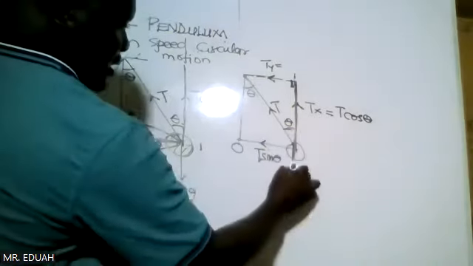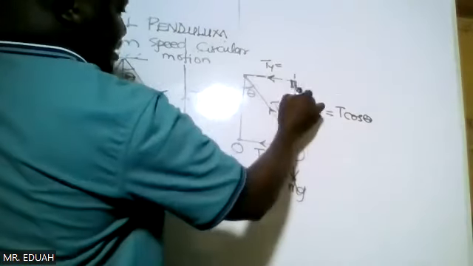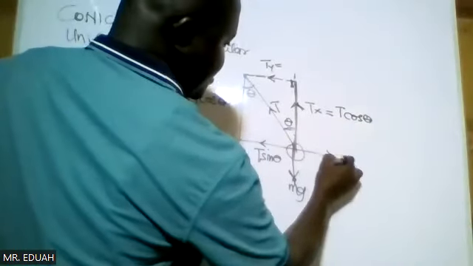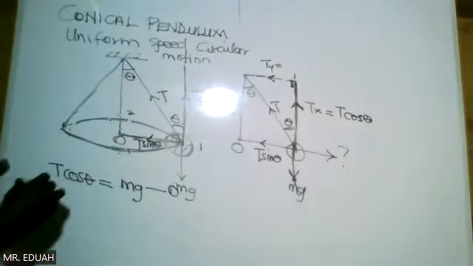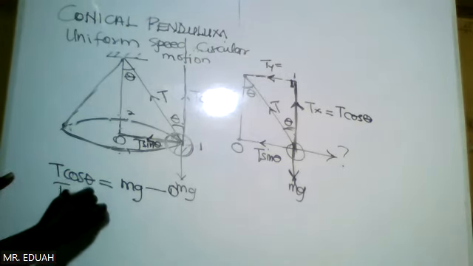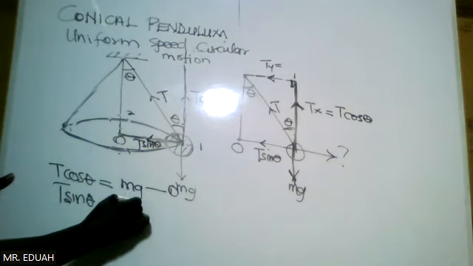So this is balanced by this. Now, when you look at the horizontal equilibrium, T sin theta is unbalanced.